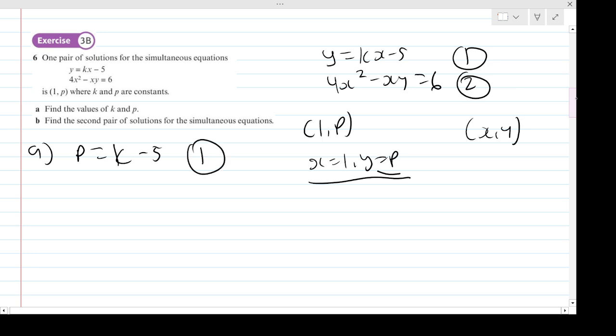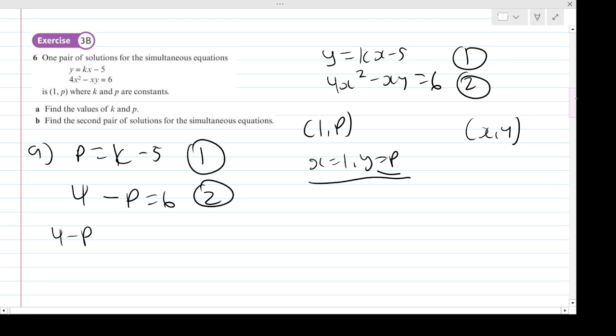That's equation 1. And then 4x squared minus xy is 6. So x squared would be 1 as well. So we have 4 minus xy. Now x is 1, y is p, so it's just 1 times p, which is p. So 4 minus p is equal to 6. Okay, that's the second equation. Now notice I can solve these quite nicely, especially the second equation first, because I can solve for p.